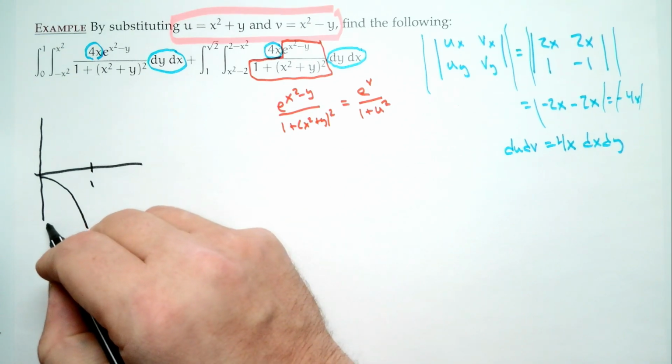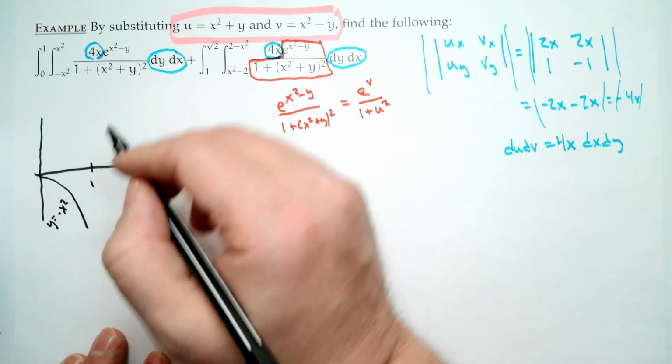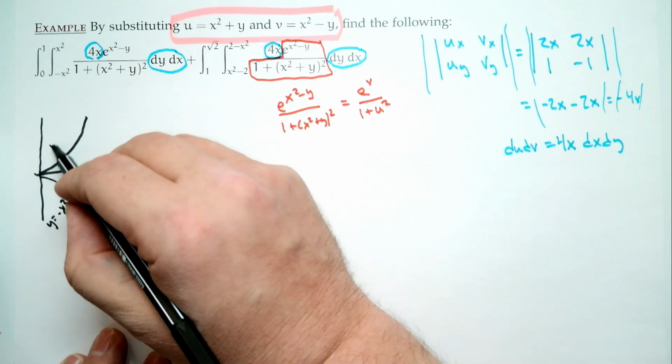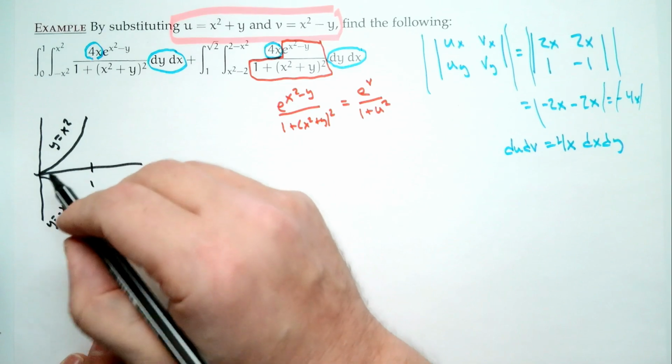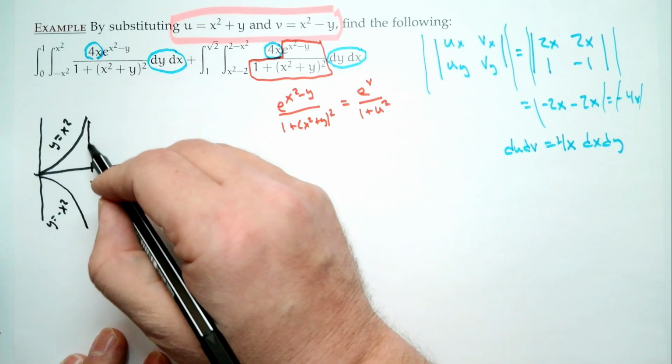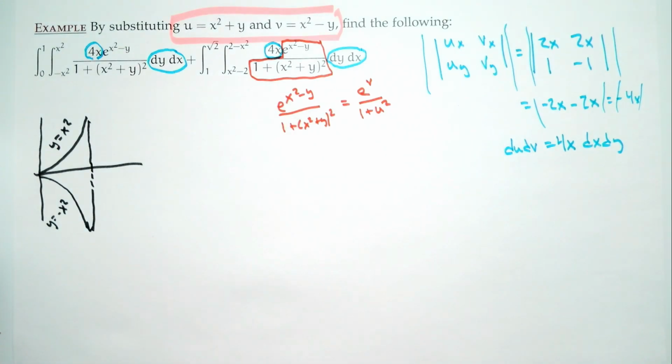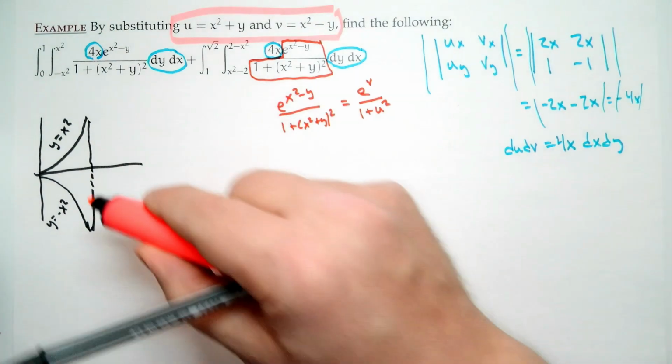So here's y equals minus x squared, to where? y equals x squared, which looks like that. Okay? So our first integral has that shape. So there's integral number 1.